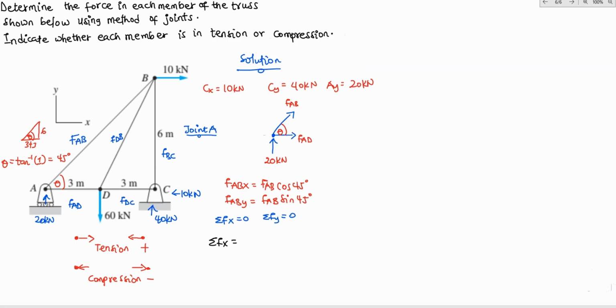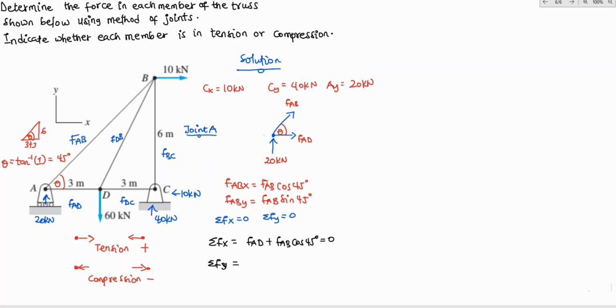So we have FAD plus FAB cosine of 45 degrees equal to 0. This will be the first equation, but there are two unknowns, so we must consider the next equation also. That one will be the sum of the forces in the y-axis direction.